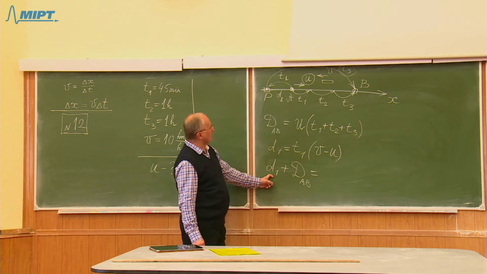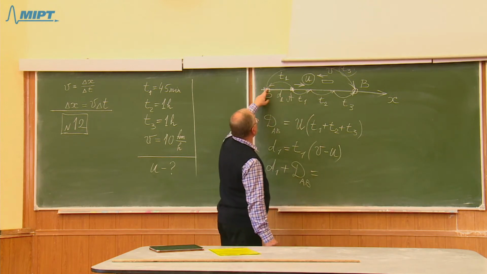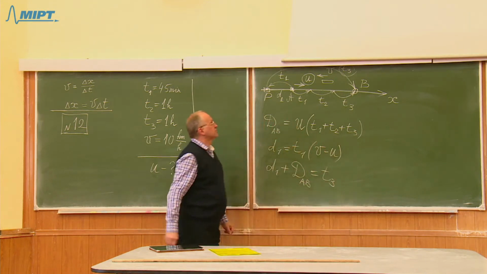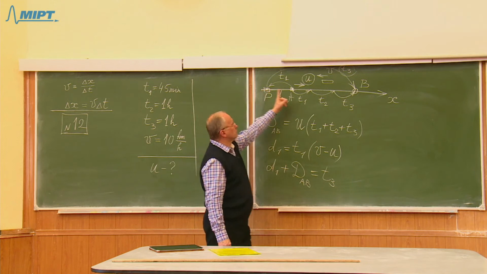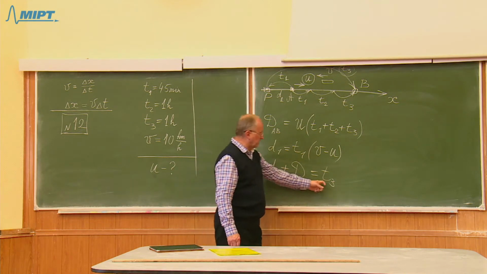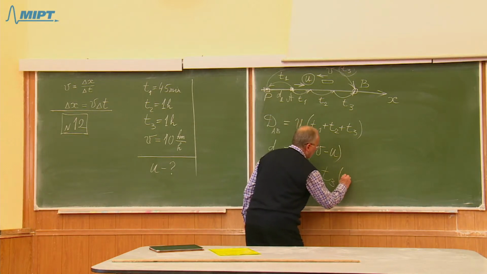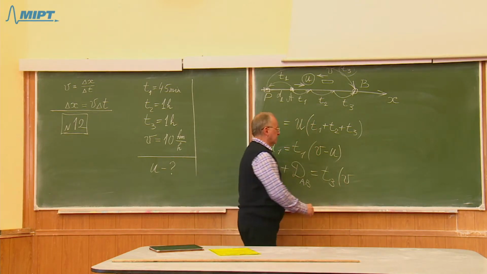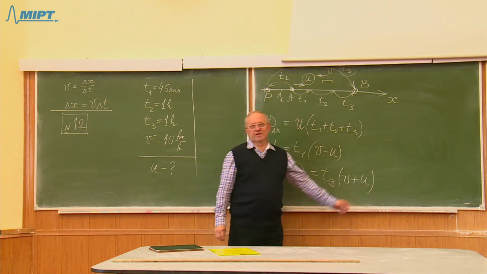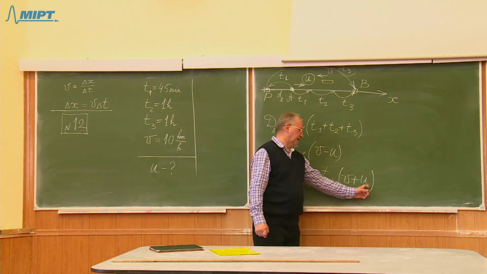But we can, anyway, express this total distance traveled by the motorboat downstream using the time interval t3, during which the motorboat was traveling from point P to point B, multiplied by the motorboat speed, which was certainly the speed of the motorboat relative to the water surface plus the speed of the river flow, because in this particular case the motorboat went downstream, and so the two velocities must be added together.